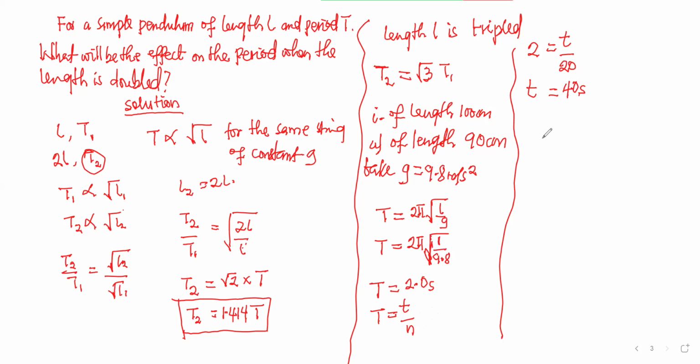II, when L is 90 centimeter, that is the same as 0.9 meter. So here the period is going to be 2 pi times root of 0.9 divided by 9.8.